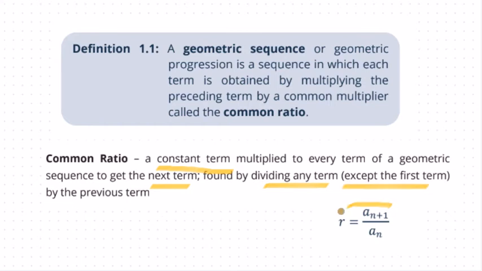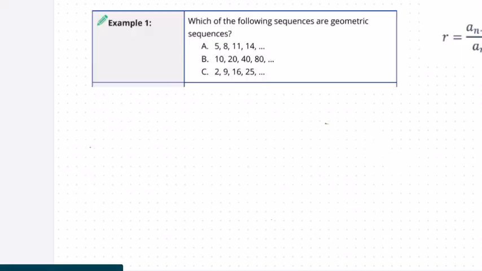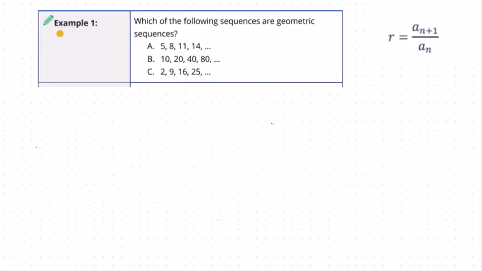So we are going to use this formula to understand that. How do we get the common ratio? Let's have an example. Our first example is to identify which of the following is a geometric sequence.